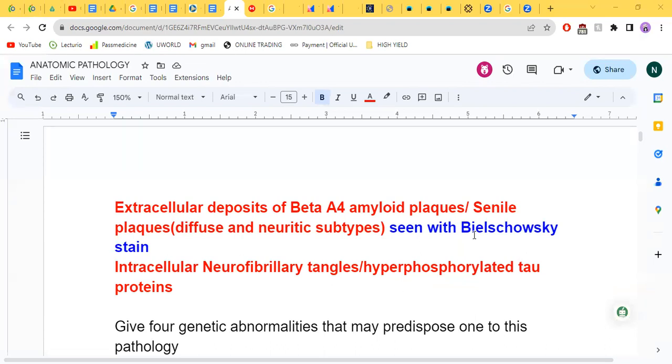Give 4 genetic abnormalities that may predispose one to this pathology. Any tries in the chat? Any genetic abnormality? ApoE? That's a good one.